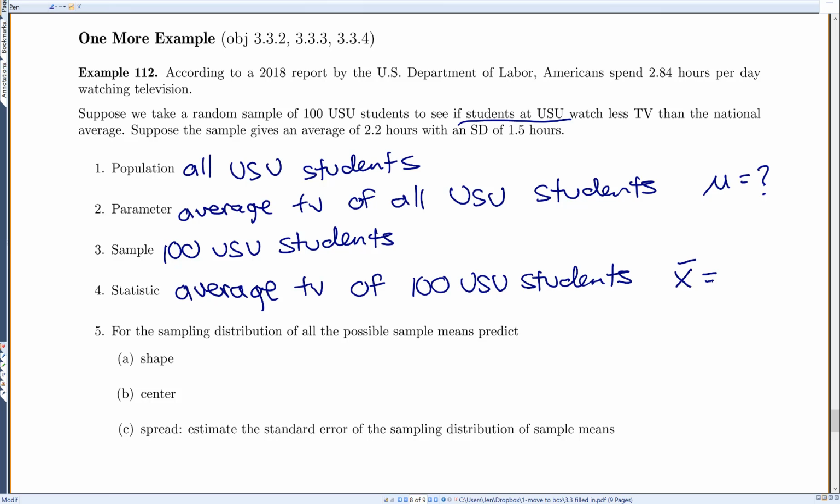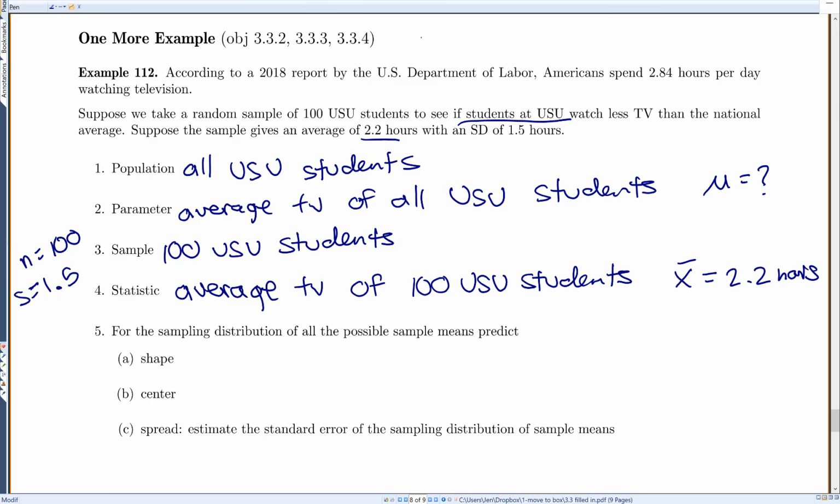And we can say that's X bar equals 2.2 hours. We should also note that my sample standard deviation equals 1.5, and it'd be useful to write down my sample size of 100.